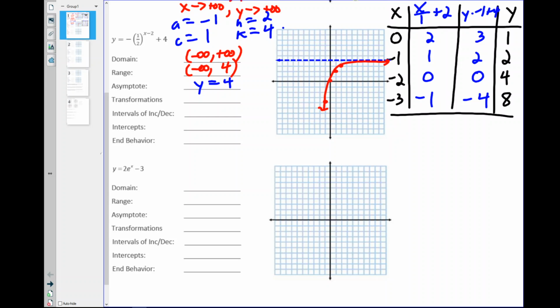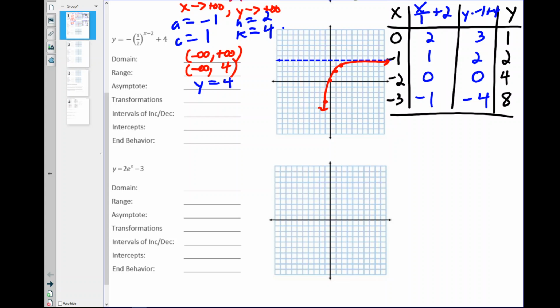Horizontal translation, 2 units to the right, and vertical translation, 4 units up. That would be there. Is this increasing or decreasing?